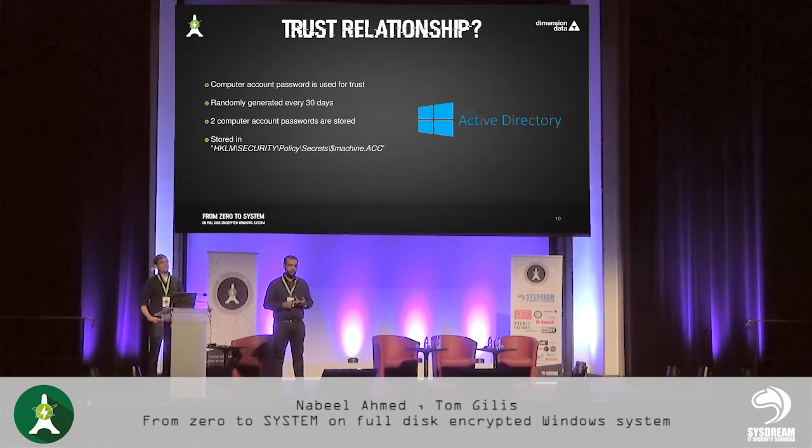The old value is the password that is older than 30 days, and the new value is the one that is currently in use. This is because if the client doesn't connect back to a Windows domain within 30 days, it can still fall back to the one that was used 60 days ago.